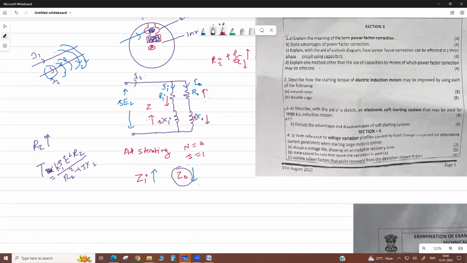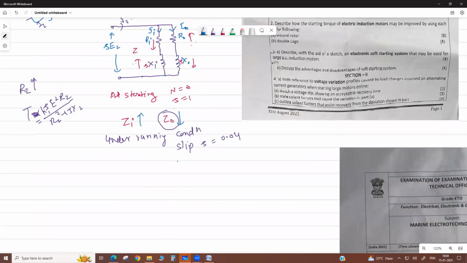Now please check under running condition. When the motor is running, slip is 4%, the full load slip. Now when slip comes into the picture, the reactance is multiplied by slip.